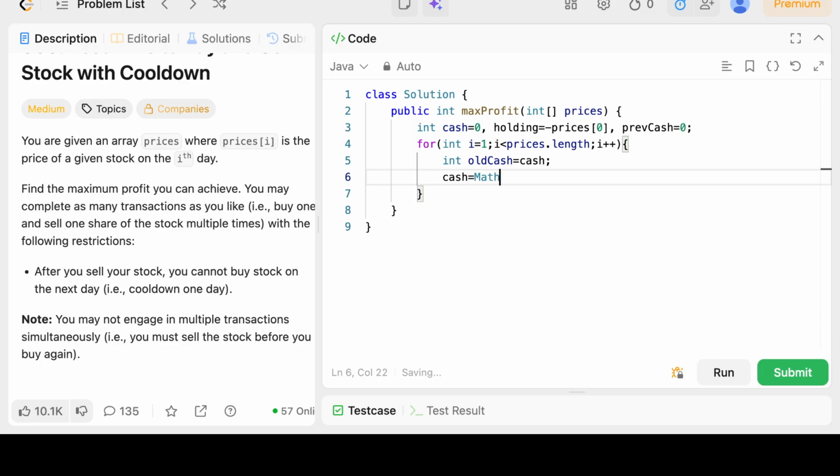I will first find out the maximum cash we can make at the end of any day, either by keeping yesterday's cash, or by selling the stock that we are holding. It means whatever cash we have and whatever holding we have yesterday, we may sell today.